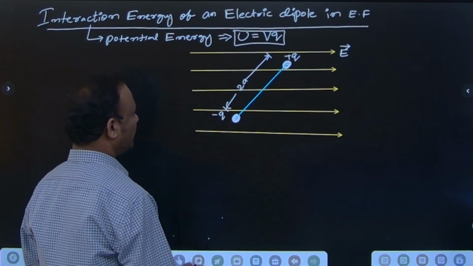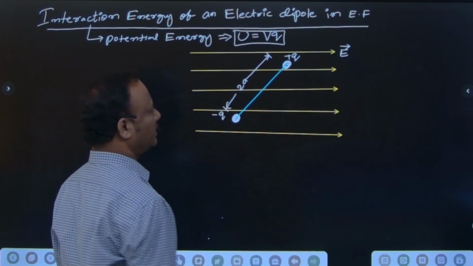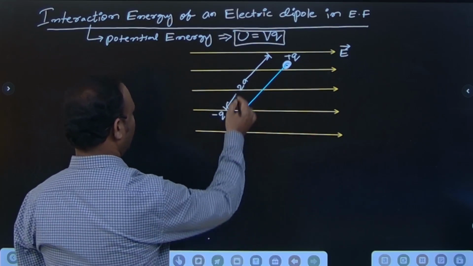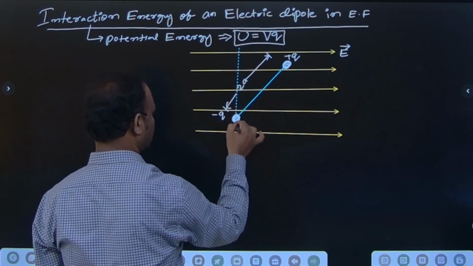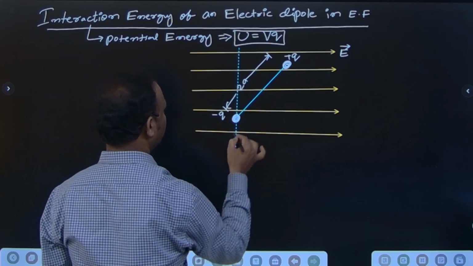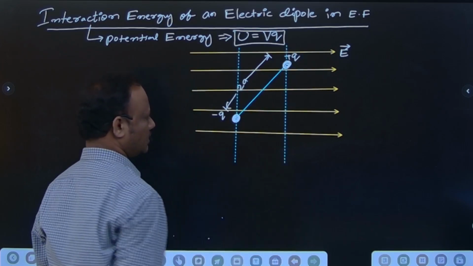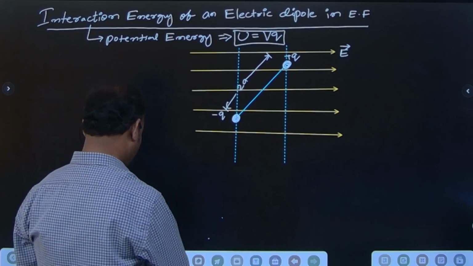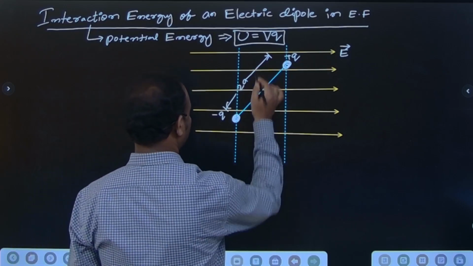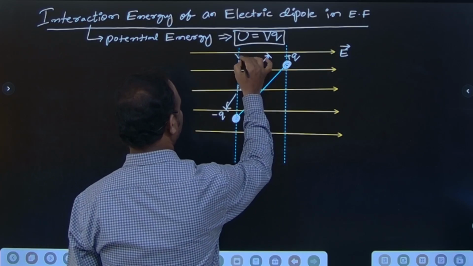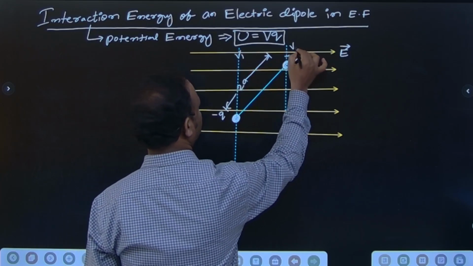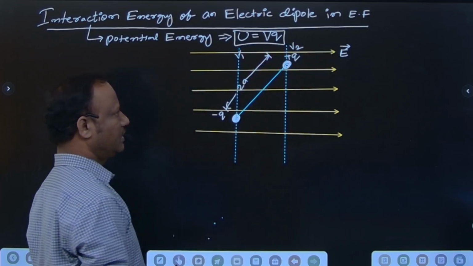Take this as a uniform electric field, and these points are equipotential points. This one has potential V1 and the next one V2.